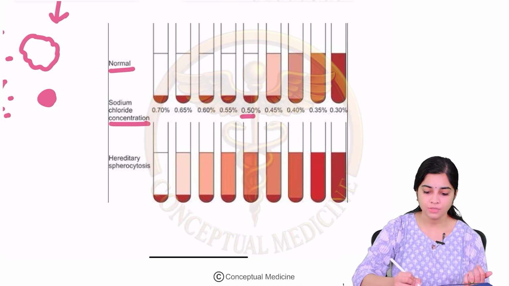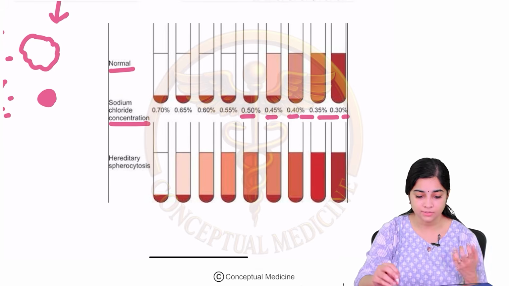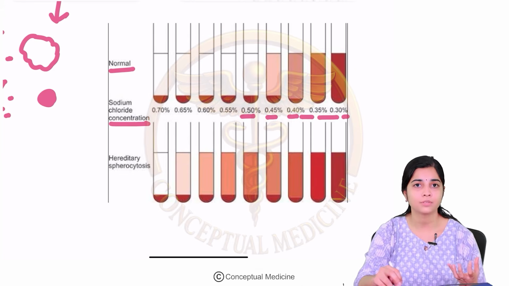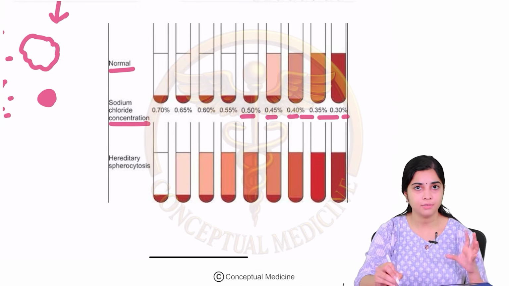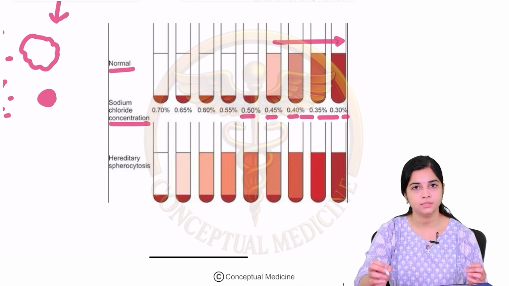But as the osmolarity goes on reducing, that means it is becoming more and more hypotonic, then what happens? The RBCs are going to swell up and you are going to find hemolysis. That means the supernatant is getting redder and redder as we go this way.